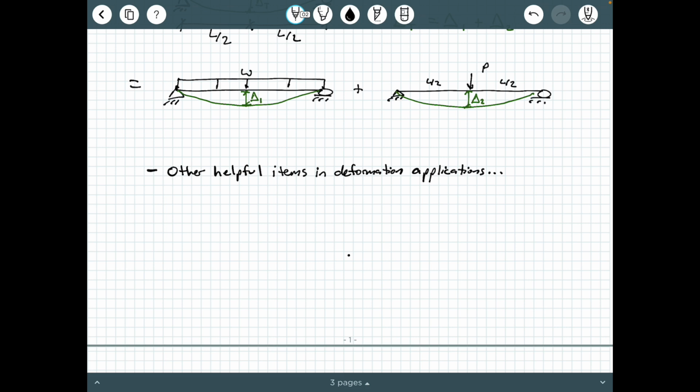Well, I can be computed, just like we've done in a lot of other applications, okay?